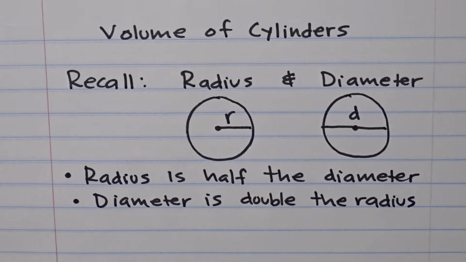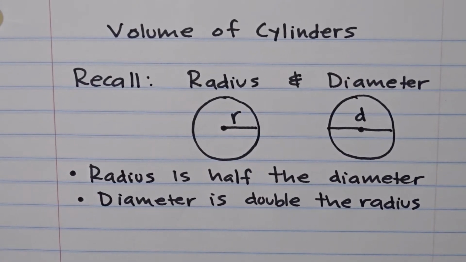All right, so those are the measurements on a circle. And one of the other things we have to remember is how to find the area of a circle.